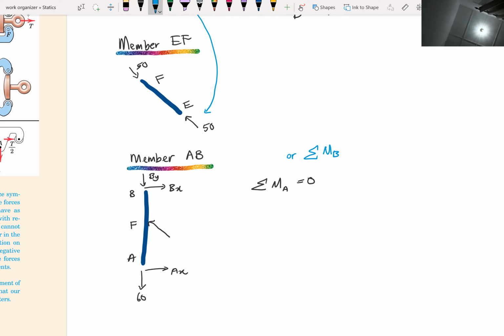Now we want to determine the BX, so the moment is at A. And then for F, it will have force in this way, right? And then in this way, but since it is the same direction here, it is not counted. So we have to determine the angle first.